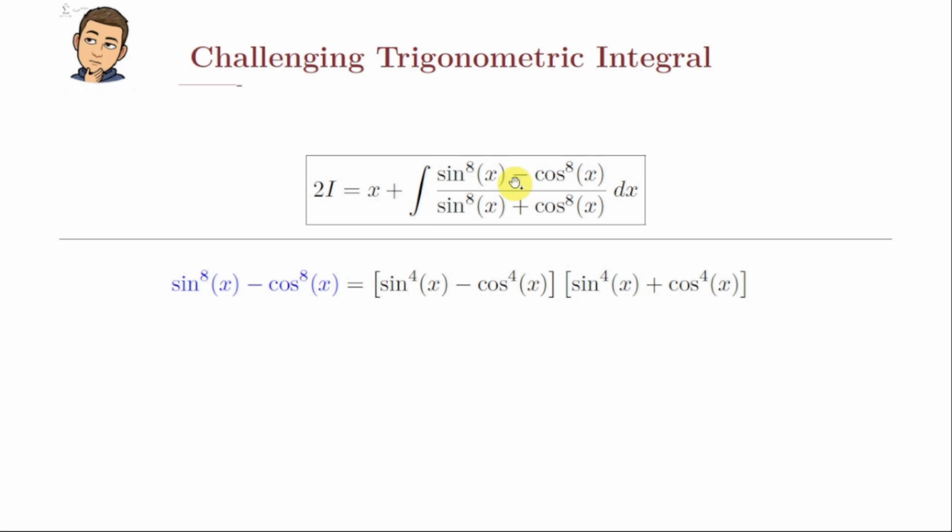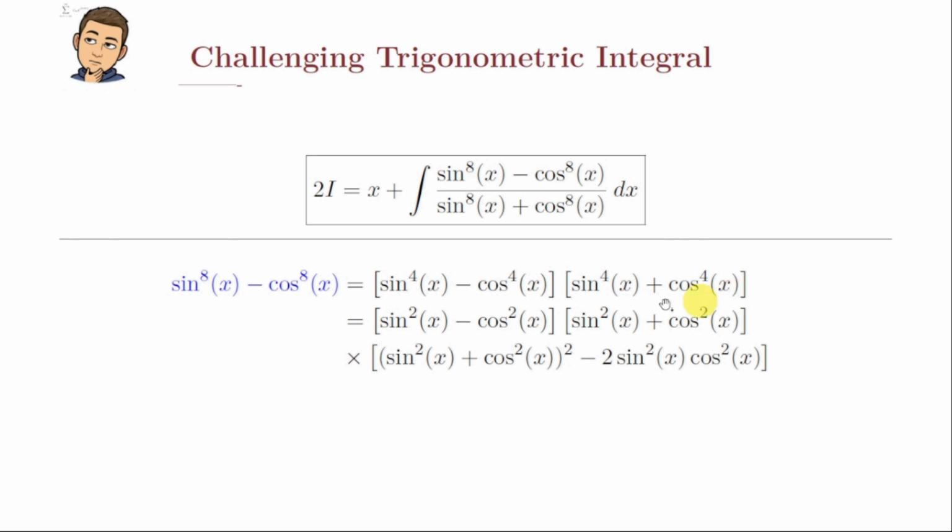We simplify the numerator and denominator. Sine power of 8 minus cosine power of 8 is equal to sine power of 4 minus cosine power of 4 times sine power of 4 plus cosine power of 4. The first factor is sine squared minus cosine squared times sine squared plus cosine squared.